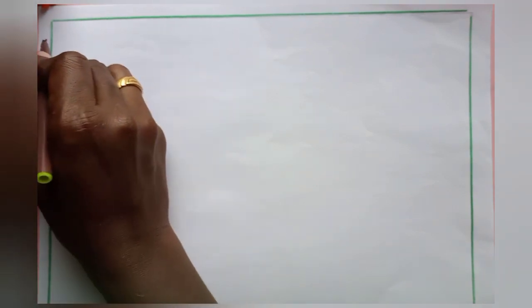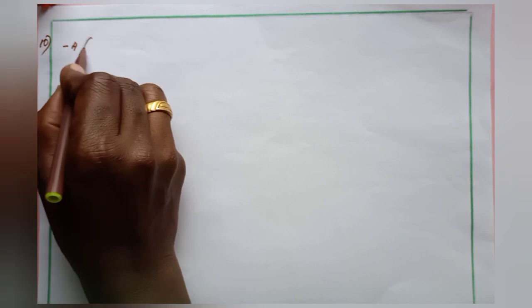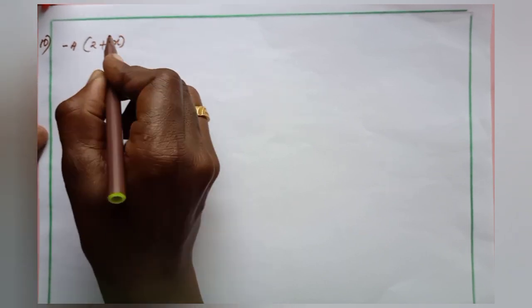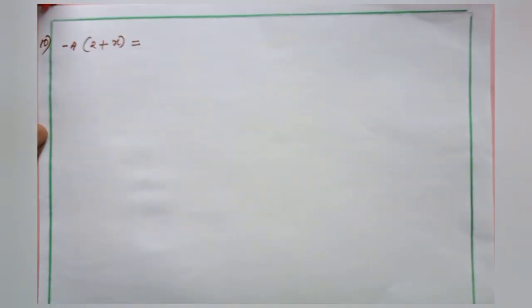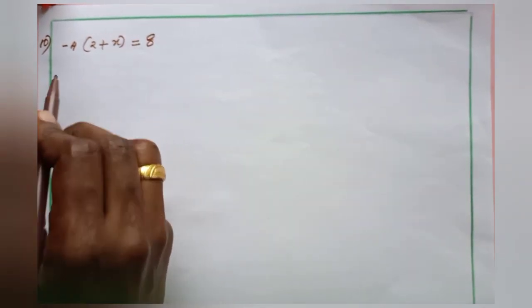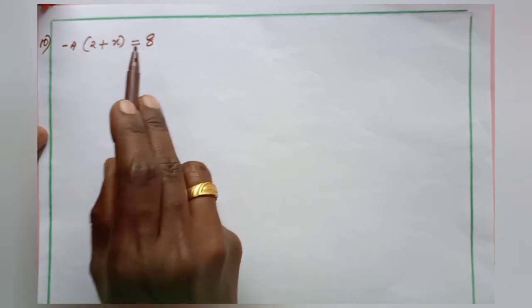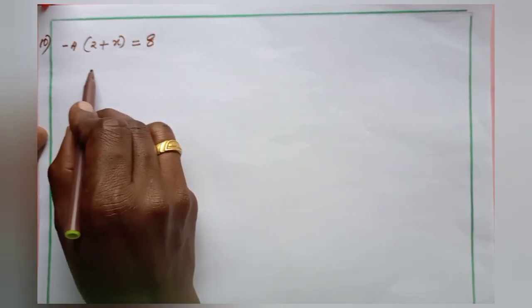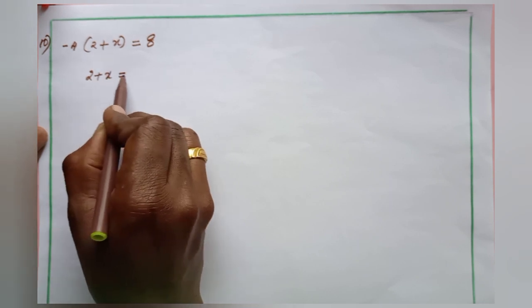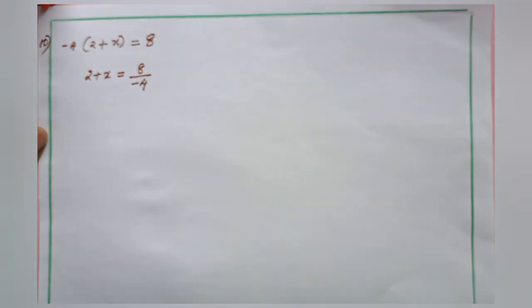Question number 10. Minus 4 into 2 plus x equal to 8. So first you take minus 4 to the right side. Multiplication changes into division. So 8 divided by minus 4.